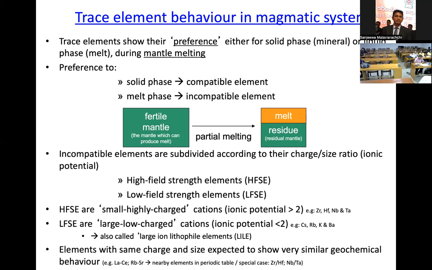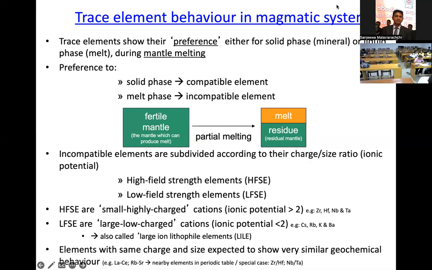That's why we term it partial melting. So since there are two phases resulting, the elements which were available in the original source will be preferentially fractionated into one of these phases.